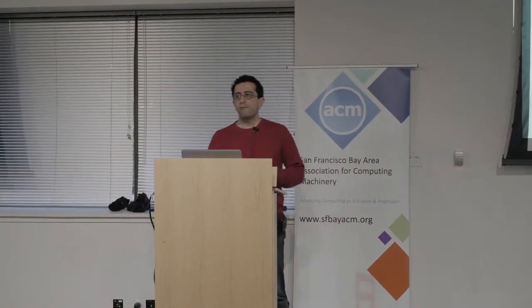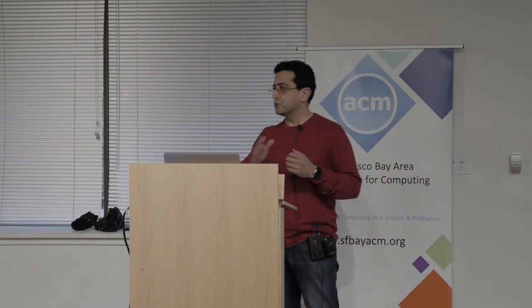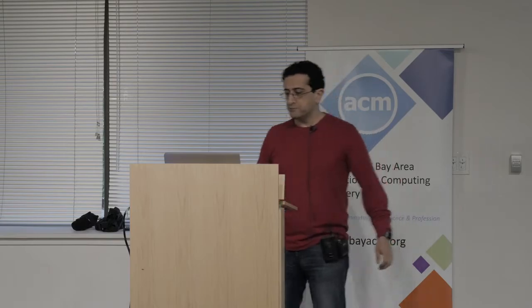This is part 2 of my presentation, but since not everyone has seen part 1, I'm going to start with part 1 as a refresher, go through it quickly, and then jump into part 2.